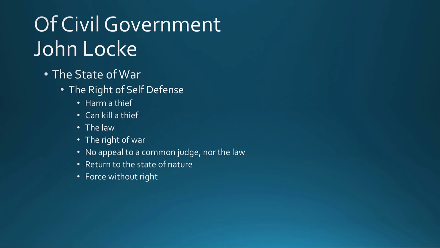And essentially what is happening conceptually is, even in civil society where there's law, police, judges, etc., if someone threatens you and you have no recourse to the police and law, because it's either unable or unwilling to protect you, then it brings you, according to Locke, into a state of nature, because there's no superior authority present, and also into a state of war, because not only is there no superior authority able to act, the person has made a threat against you and put you into a state of war.